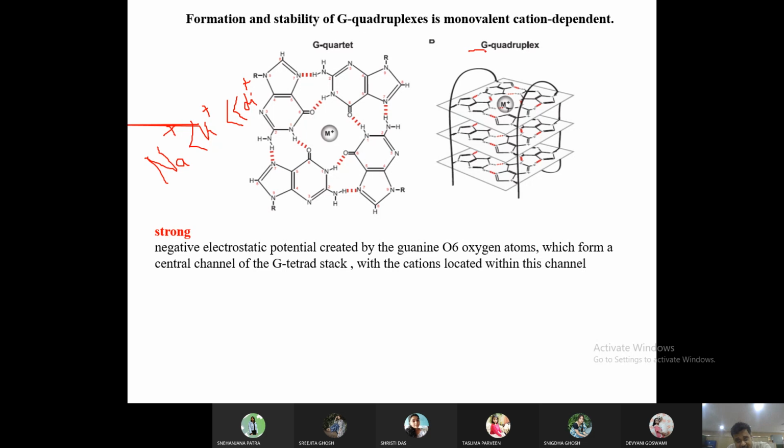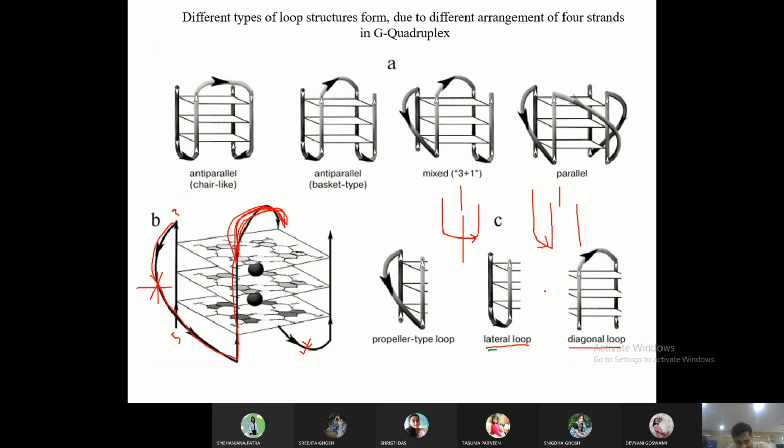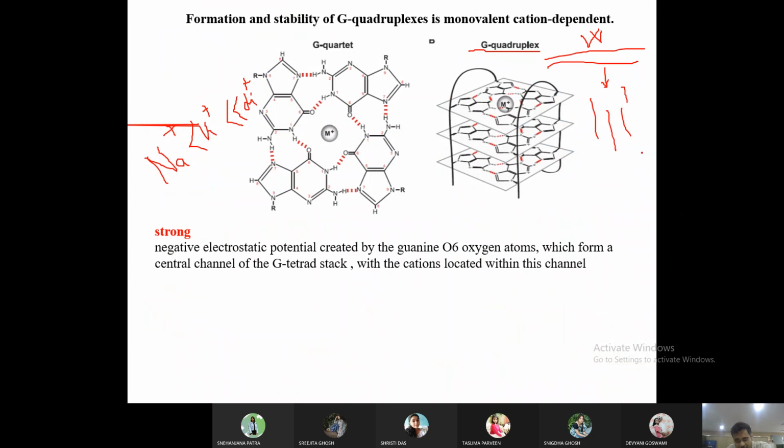Why? Because whenever we are forming the quadruplex, what do we have to provide? We have to provide 4 single strands, either from a single double-stranded DNA, from various places of that. In that case, it will form loops, which are called lateral loops or propeller loops, or you unwind 4 distinct single-stranded DNA and bring one strand from all of them.